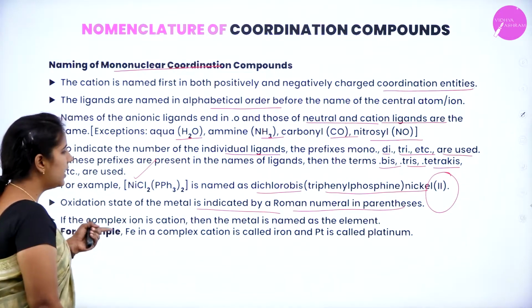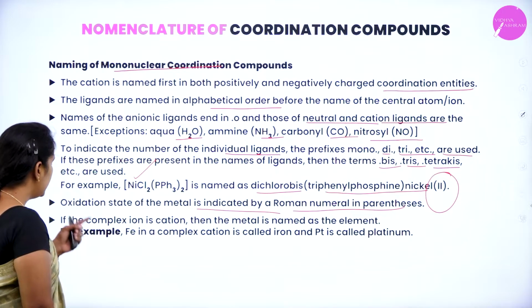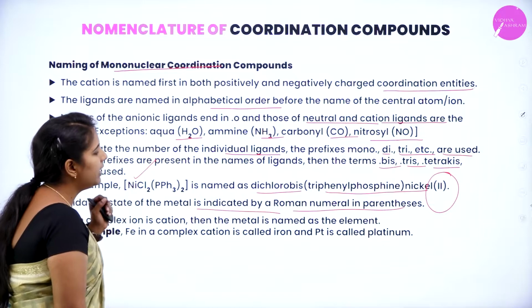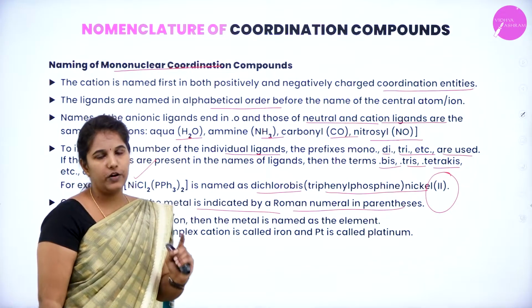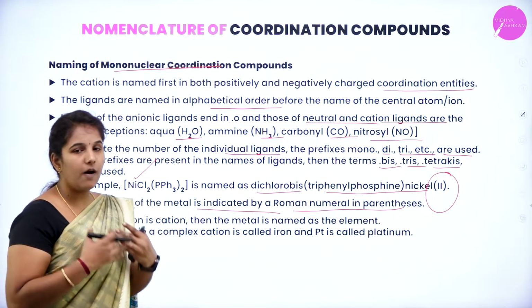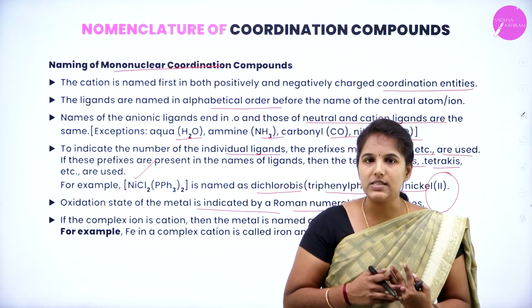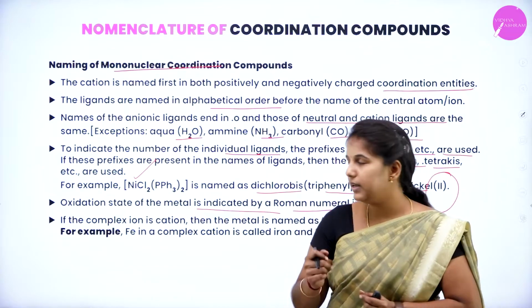Then we have a rule that says that if the complex ion is a cation, then the metal name should be used first. So if the complex consists of a cation, in such cases the metal name will be named first.